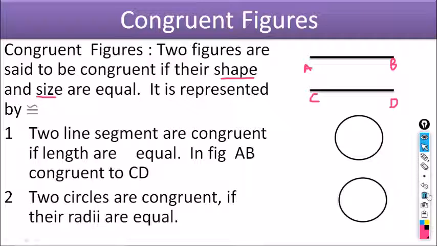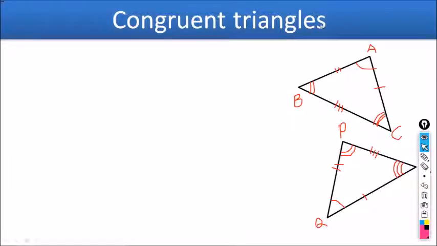Let us discuss this concept in the case of triangles. Now, congruency of triangles: if we are talking about two triangles, their shape is the same because they are triangles. Second, we have to check the size. For size we have to check their sides, and we are talking about corresponding sides.